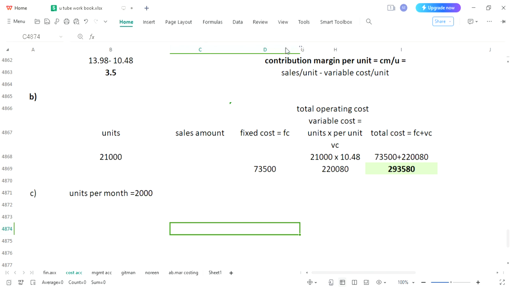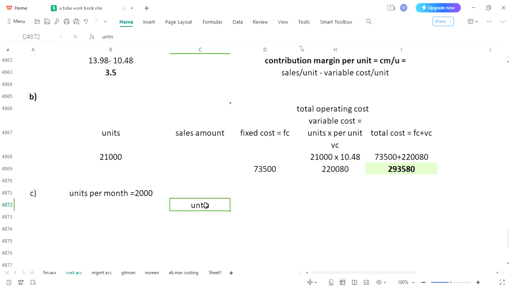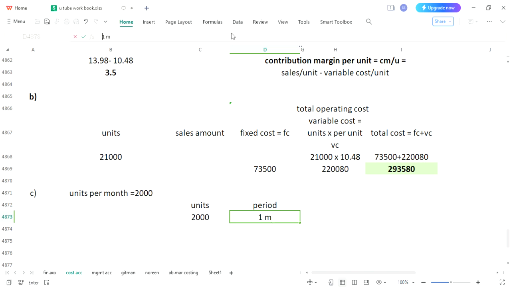If you are selling 2000 units, for how much period or time are you taking? 1 month, and these are the number of units, and we want to know how many units would be sold in a year.